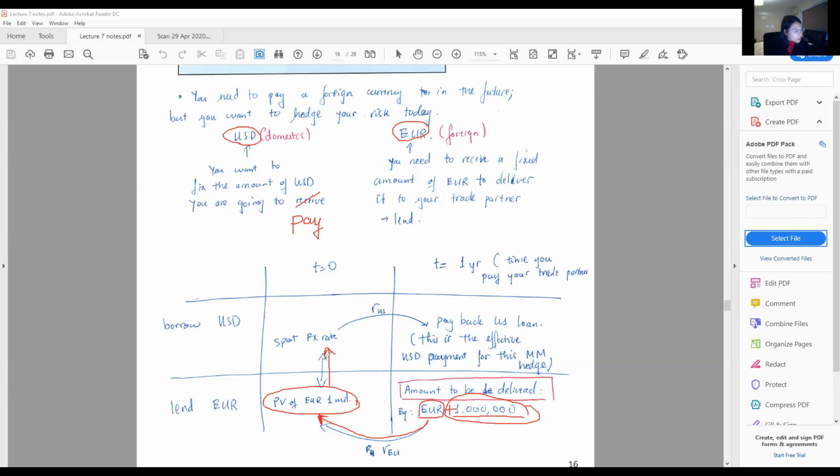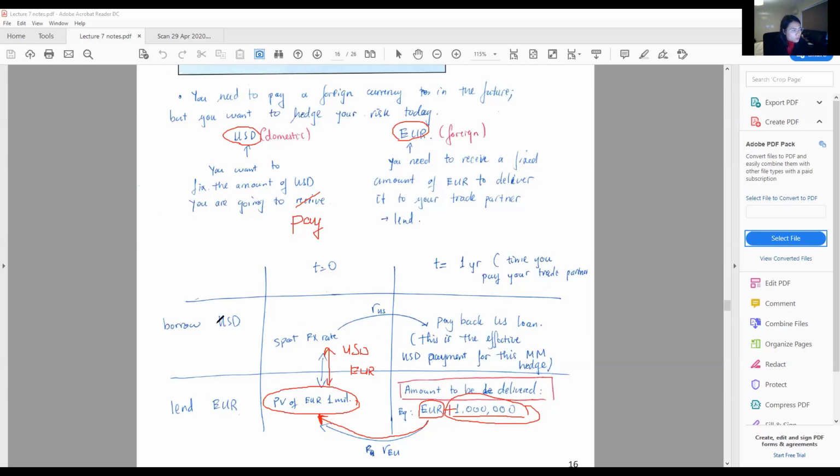So from here to here, I know that I have to convert the USD to the Euro, okay? So to make this Euro investment, I need to be able to pay for that investment first off. So where do I get my USD from? Where do I get my USD from for this investment?